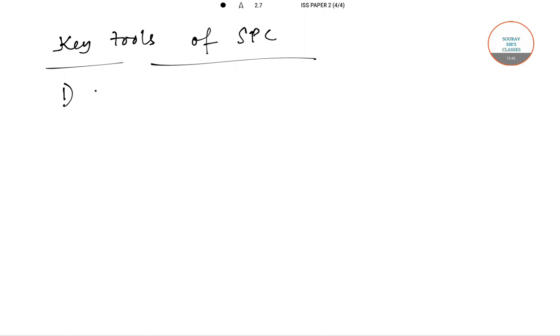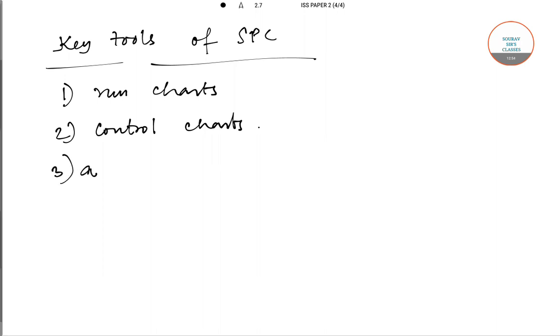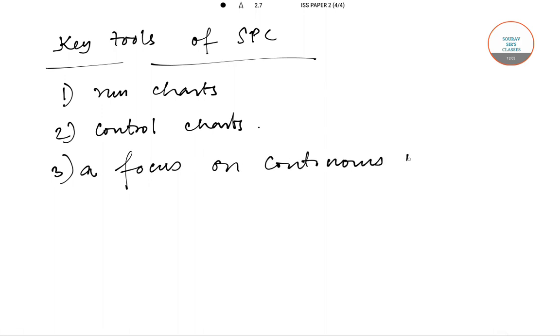They include run charts, also control charts, a focus on continuous improvement, and the design of experiment.